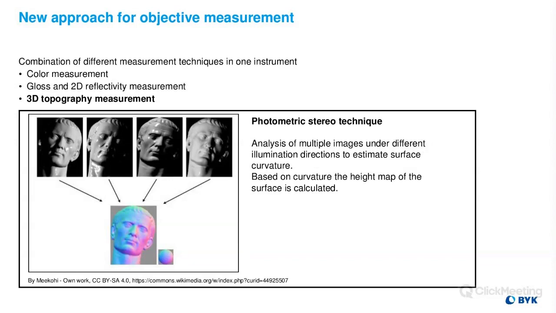The surface is illuminated from 4 different directions, a picture taken under each lighting condition, and then based on the curvature and the shadows revealed in the set of 4 pictures, a height map of the surface is calculated. Whereas the 2D reflectivity measurement measures how much light is being reflected by the surface, the 3D topography measurement maps the actual shape of the surface.